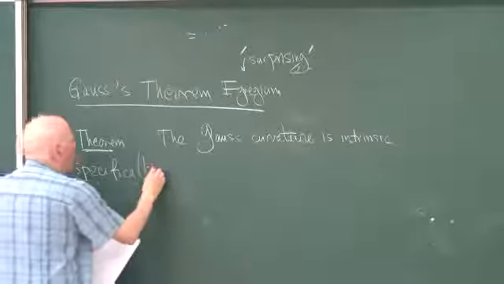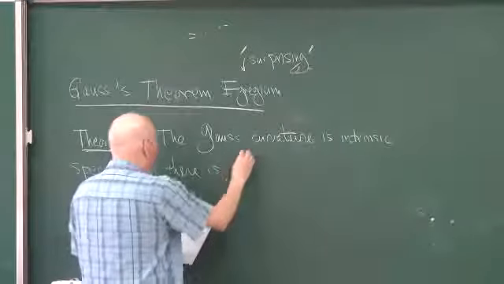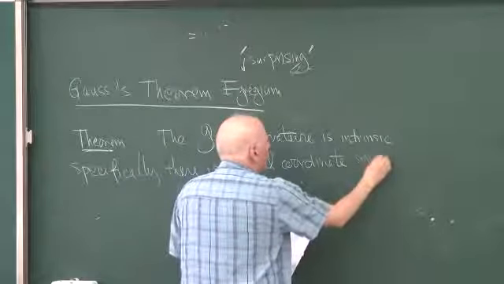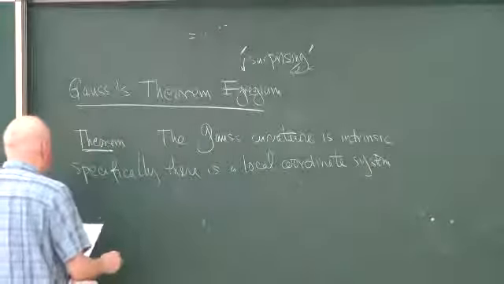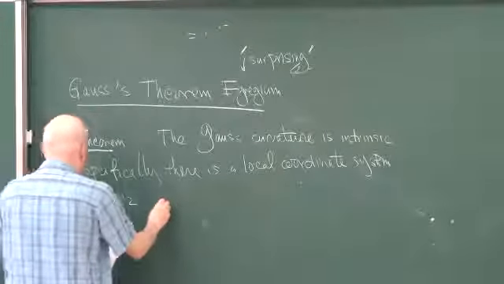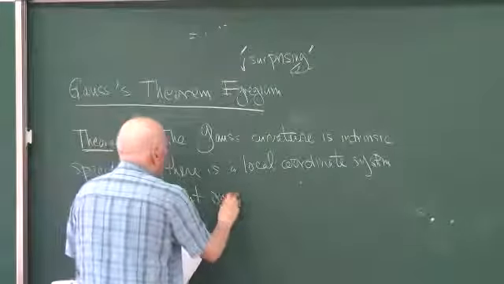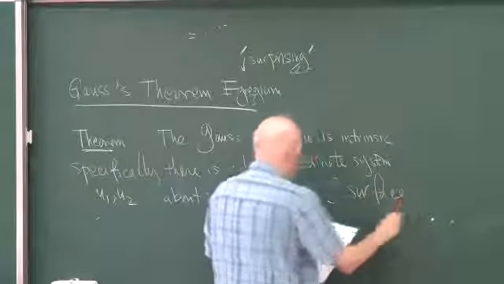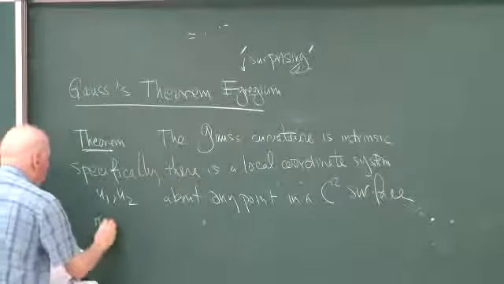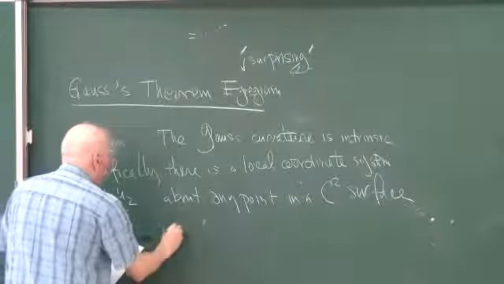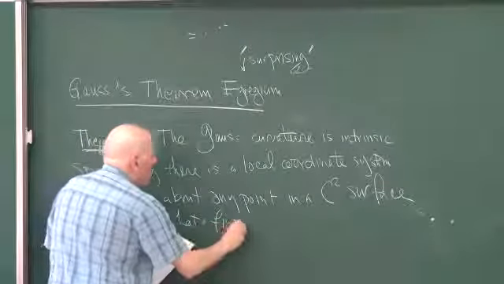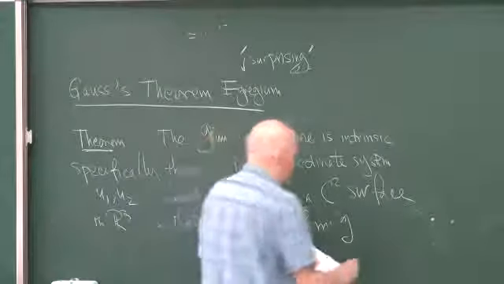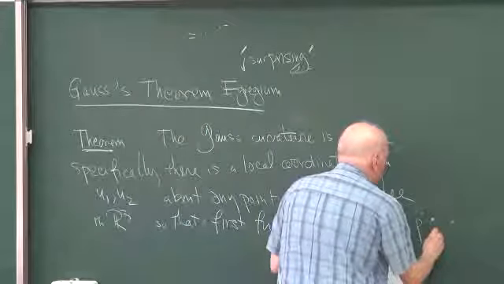Specifically, there is a local coordinate system, here it's called U1, U2, about any point P in a C2 surface in R3, so that the first fundamental form G, or g_ij, at P is the identity.